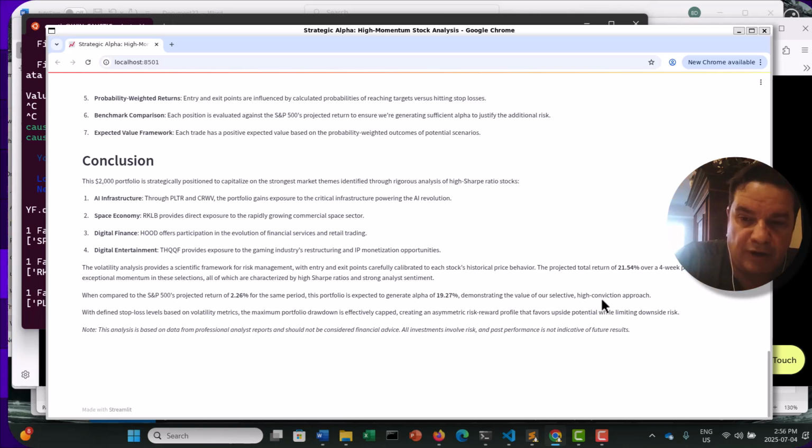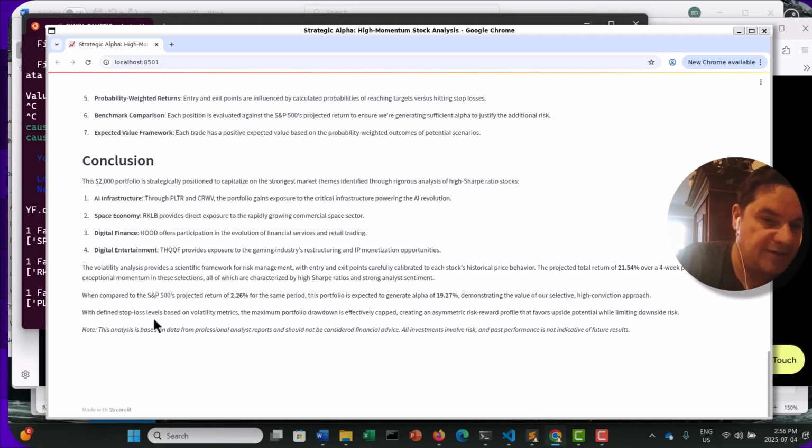We've demonstrated the value of our selective high conviction approach. Again, I got to keep saying, this is not financial advice. This is just AI opinion, not my advice. So remember that.